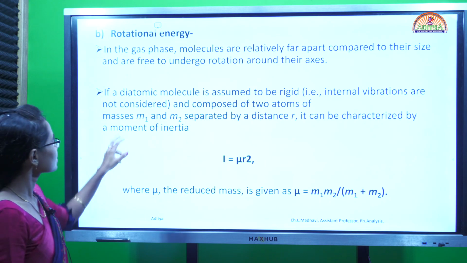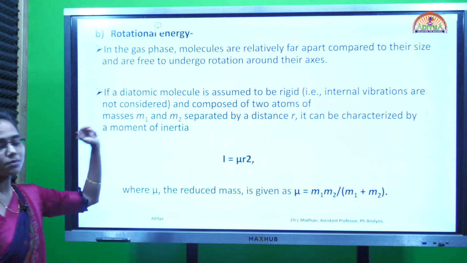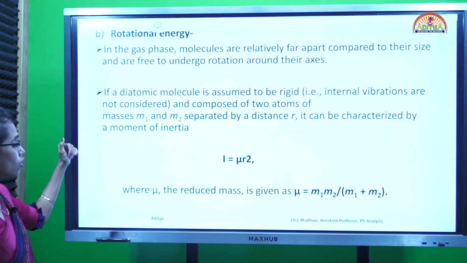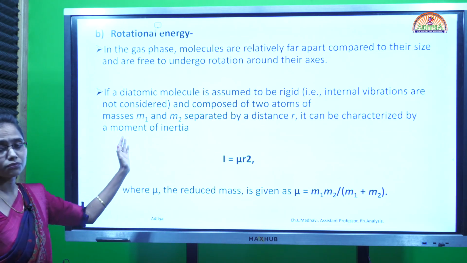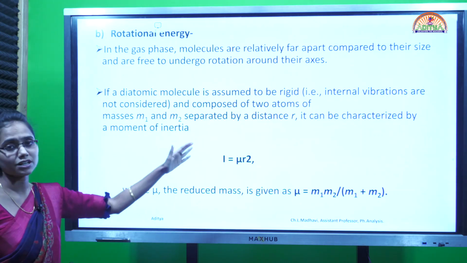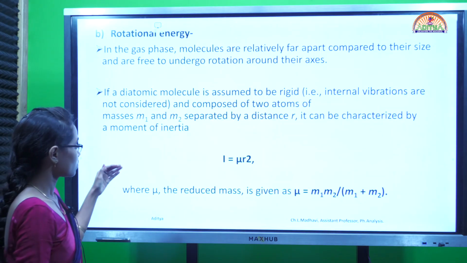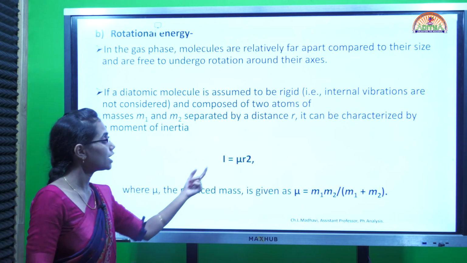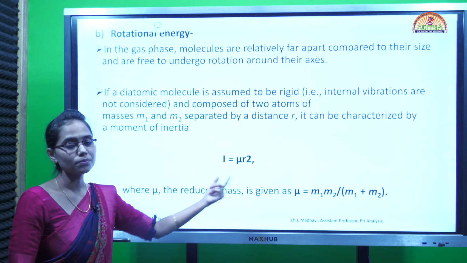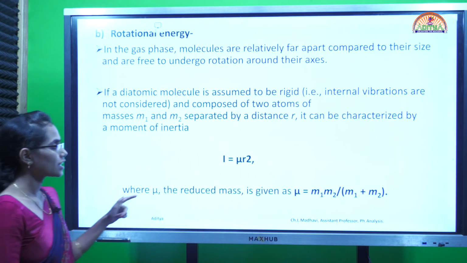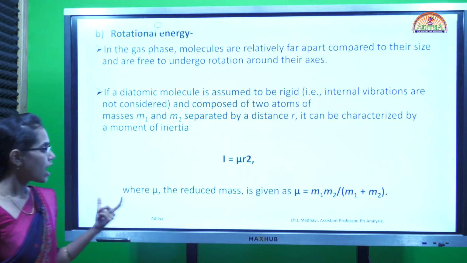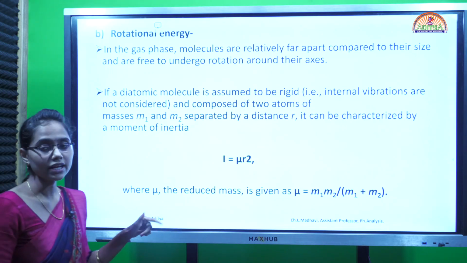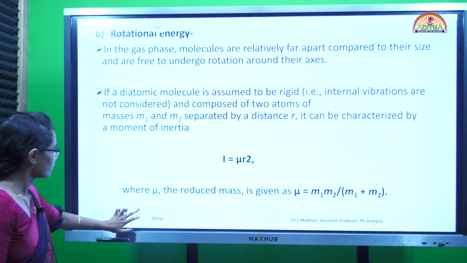The molecule is composed of two atoms of masses m1 and m2, separated by distance r. Then the moment of inertia of the diatomic molecule is given by I equals mu r square, where mu is the reduced mass, mu equals m1 m2 by m1 plus m2.